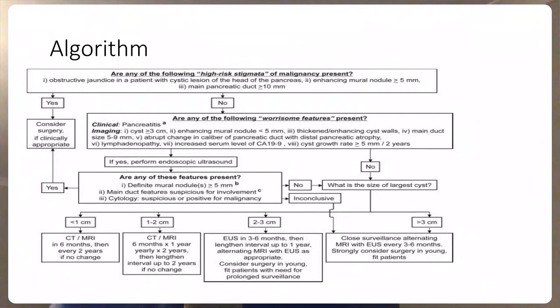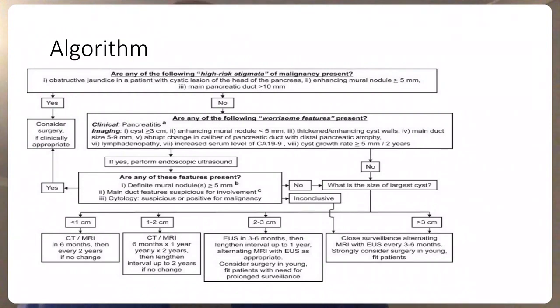I think there has been a lot of work performed on this topic to get the guidelines to appear in this clear and concise way to treat cystic lesions of the pancreas, and in particular, what I'm saying is the intraductal papillary mucinous neoplasm.